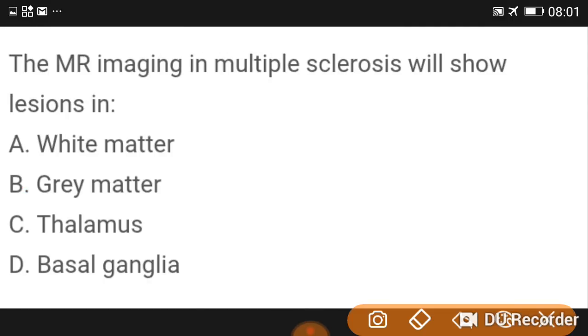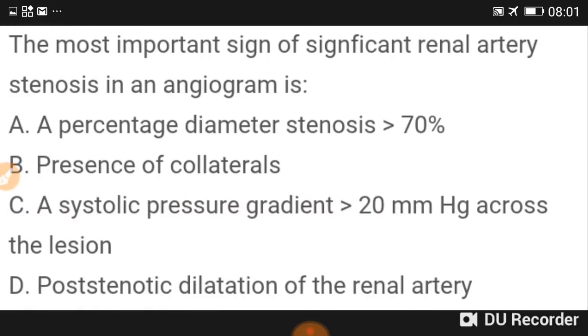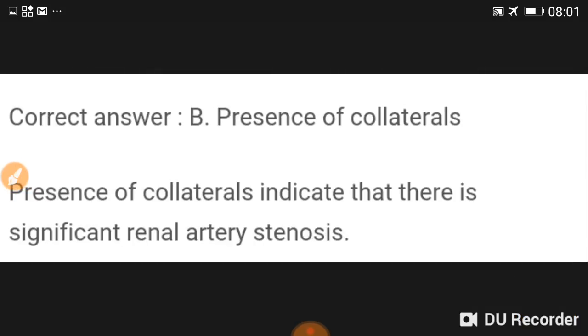The MR imaging in multiple sclerosis will show the lesion in white matter. Multiple sclerosis is a demyelinating disorder, hence the lesion will be seen in the white matter due to loss of myelin. The most important sign of significant renal artery stenosis in angiogram is the presence of collaterals.